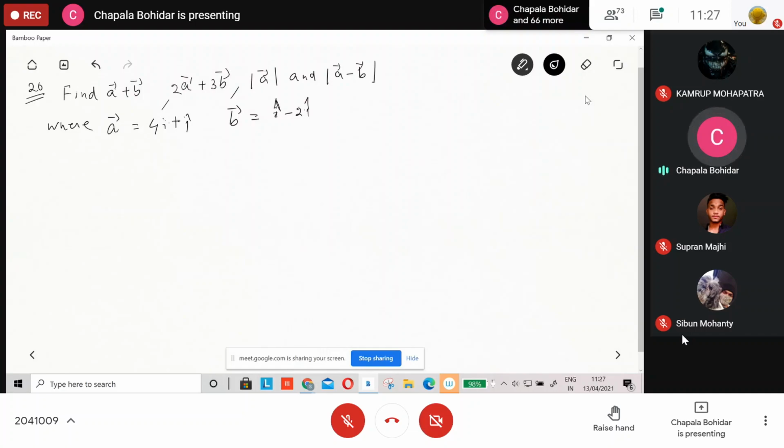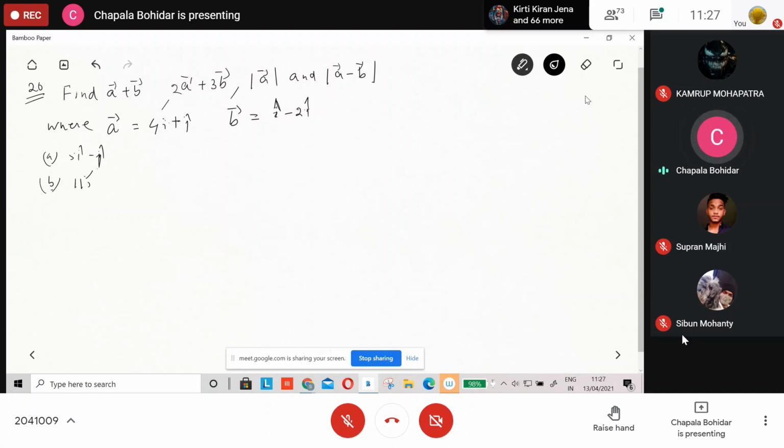Do it quick. First one, 5 i cap minus j cap. Second one, 11 i cap minus 4 j cap.